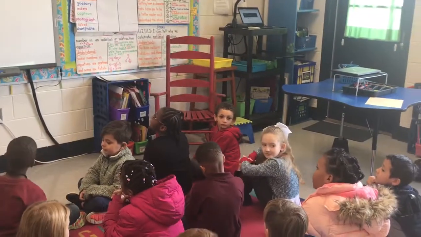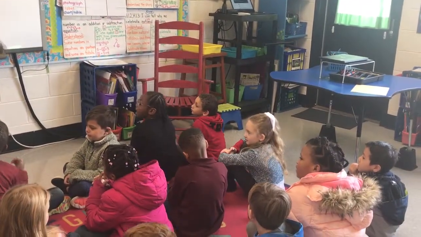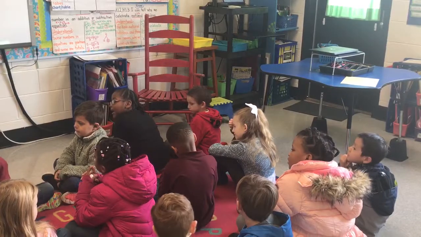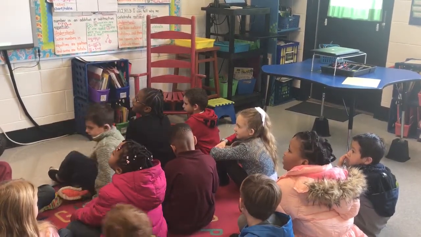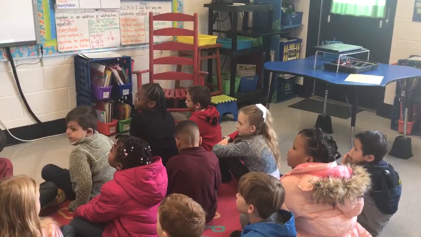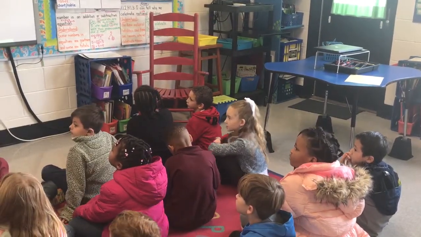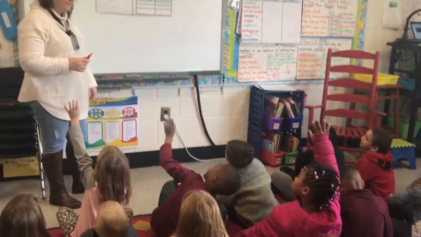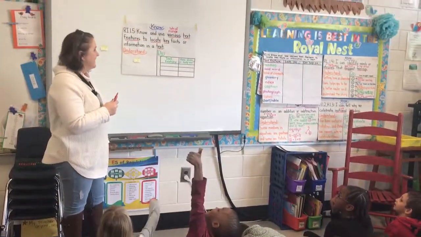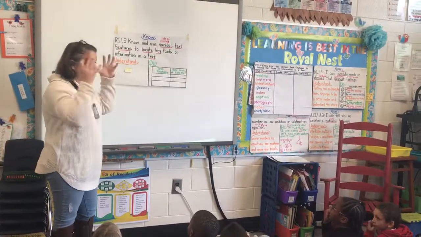I remember that Dad said, I think that he said that a text feature is kind of like someone is trying to teach you something. What about a table of contents? Is that a text feature? Yes. What about a bold word? Yeah. So text features is not the whole story.